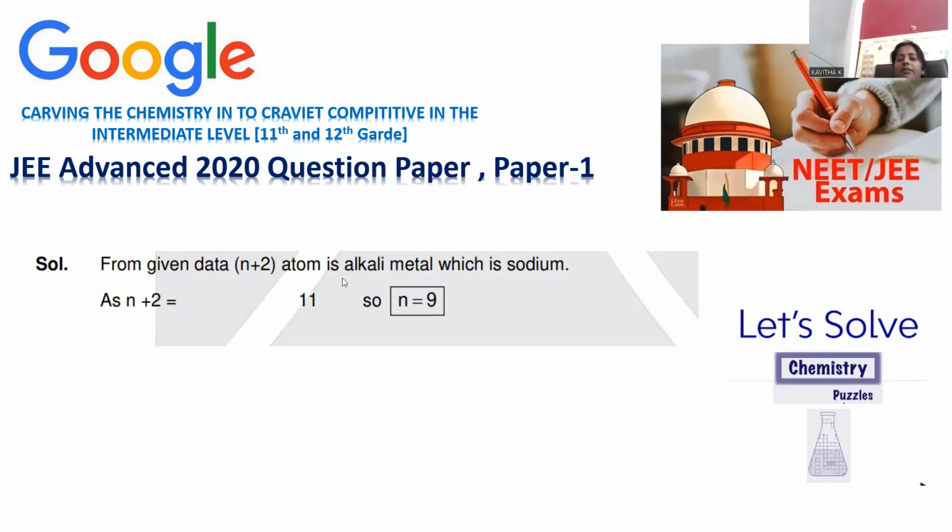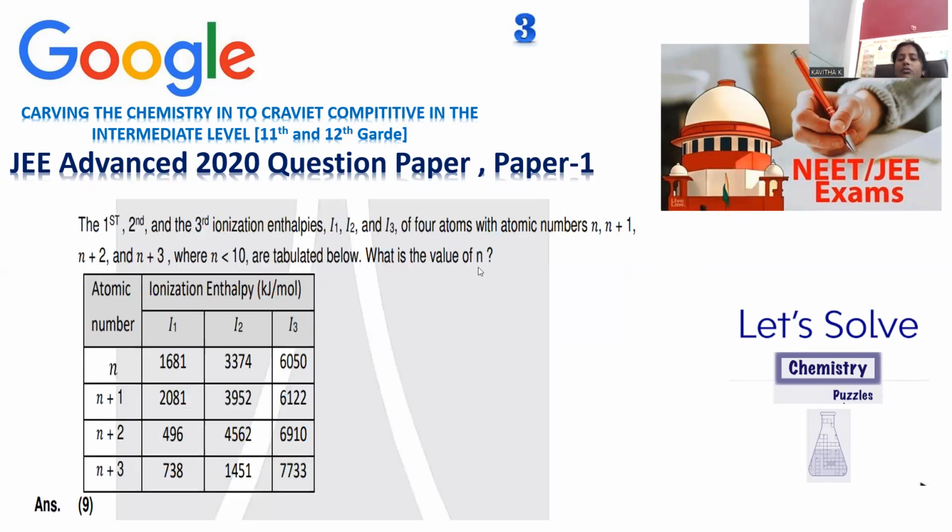From the data, the N plus 2 atom is an alkali metal. Alkali metal denotes what? A first main group element, where you can pull out one electron very conveniently. And that is sodium, because atomic number 11 corresponds to what? The sodium atom, right? So N plus 2 is equal to 11. N is equal to what? 9, obviously. So this is the way you can solve the problem.